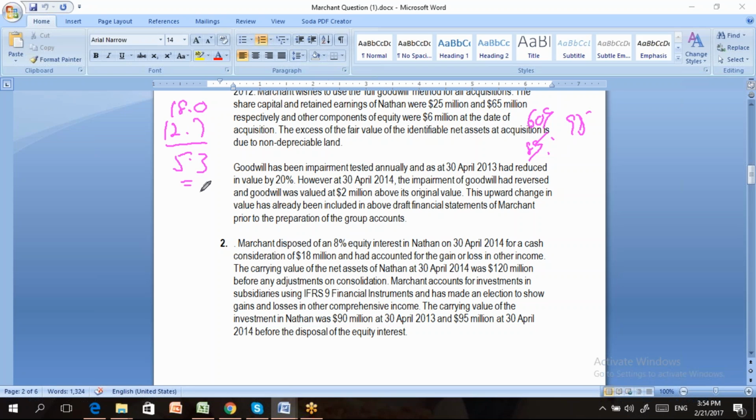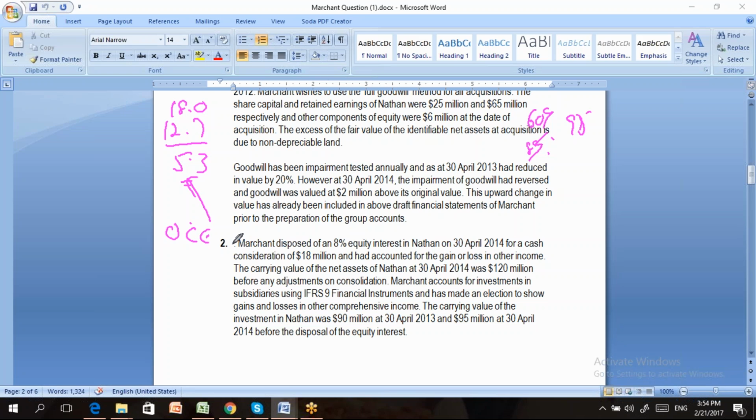This being still a subsidiary, this gain should be reflected in the other components of equity, not under P&L. That is why we removed that 5.3 from the P&L and charged it to the other components of equity. Can you remember that part of it? I did that with the calculation under workings.